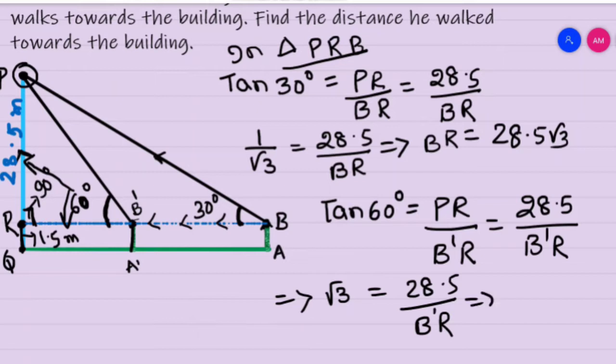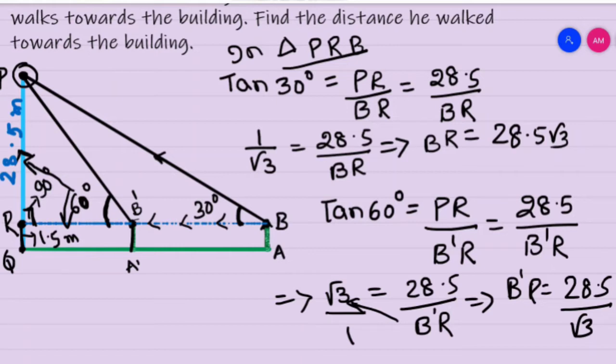Okay. Now from here your B dash R will be equal to, see, if you send B dash R upper side and then this root 3 will come down, B dash R will be equal to 28.5 by root 3. Now children, from here can you find out B dash B?